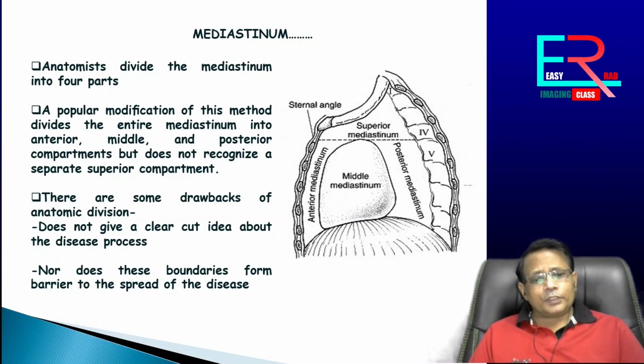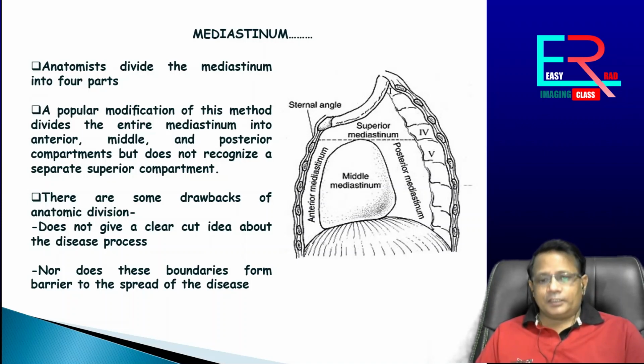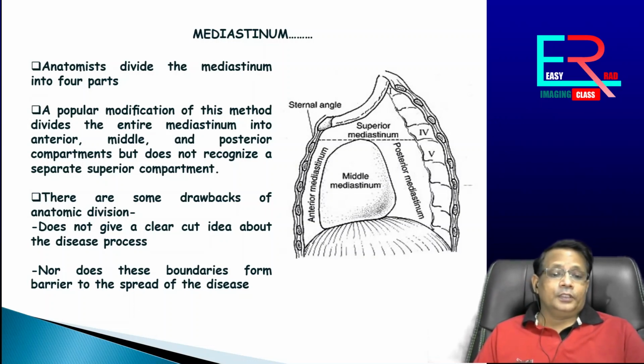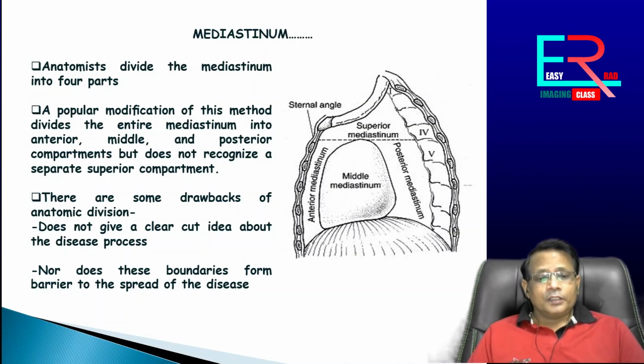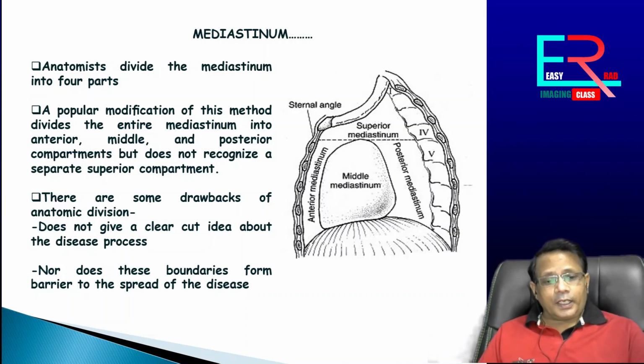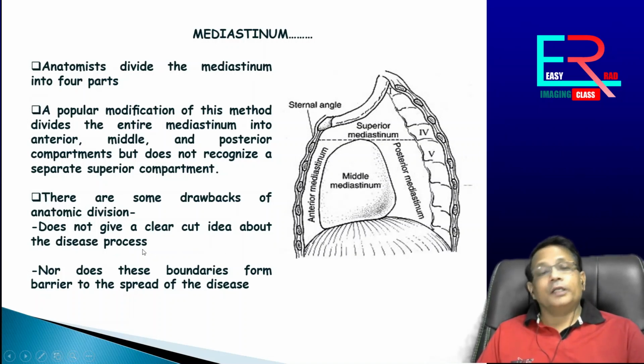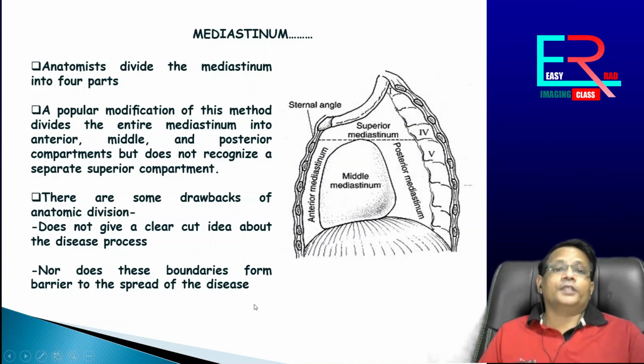Then come to the various divisions of the mediastinum. Conventionally, anatomists divide the mediastinum into 4 parts: superior mediastinum, anterior mediastinum, middle mediastinum, and posterior mediastinum. In this conventional division, the heart is in the middle mediastinum, and there are some drawbacks in this anatomical division: it doesn't give a clear-cut idea about the disease process, and neither do these boundaries give information about barriers to the spread of disease.